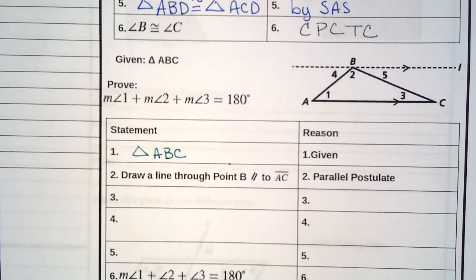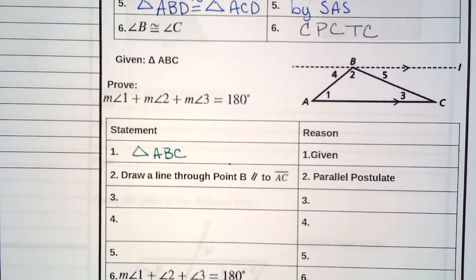So we have a segment. We've got parallel lines. Now what? Okay, if we have parallel lines, what do we know about certain angles?